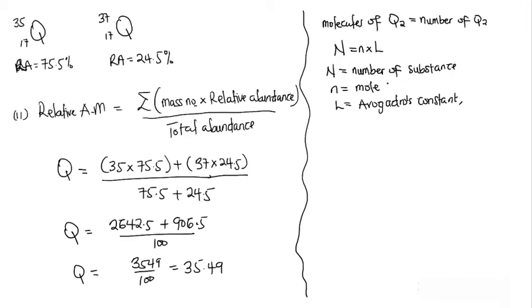To calculate the number of molecules of Q2, which is capital N, we need the mole, and we already have Avogadro's number. So the first thing we need to find is the mole.